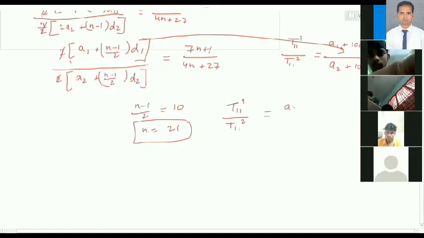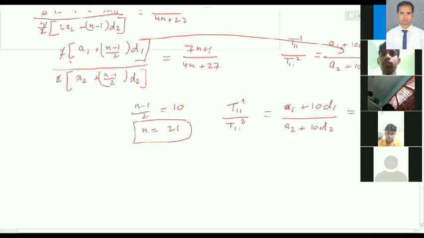In this you have to substitute n equal to 21. You will get A1 plus 10D1 divided by A2 plus 10D2, and this will be equal to 7 into 21 plus 1 divided by 4 into 21 plus 27. Solve it, you will get the answer.